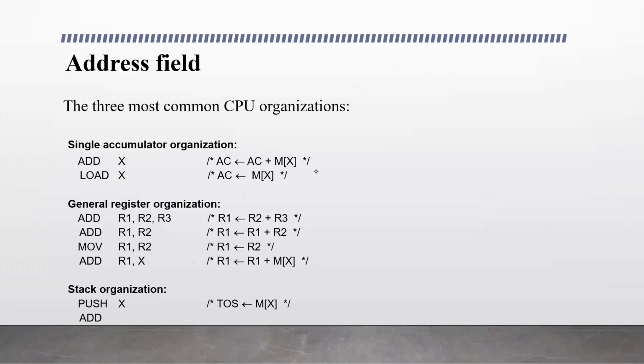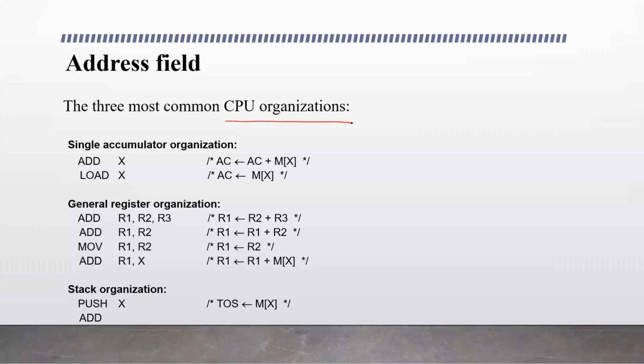The number of address fields in the instruction format depends on the internal organization of the CPU. To understand the address field, we need to know the CPU organizations because it is purely dependent on the internal organization of the CPU.